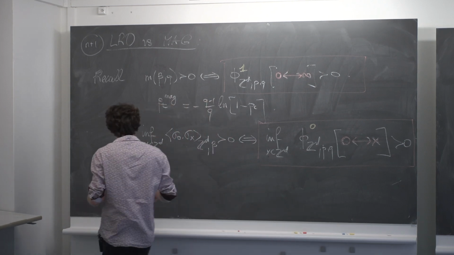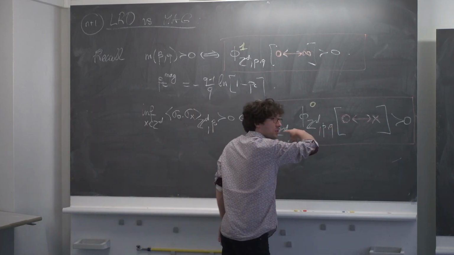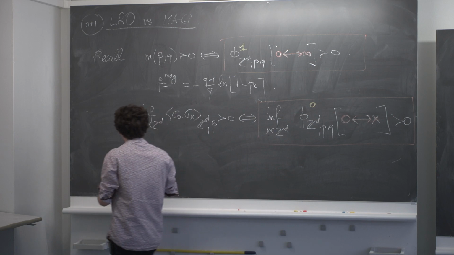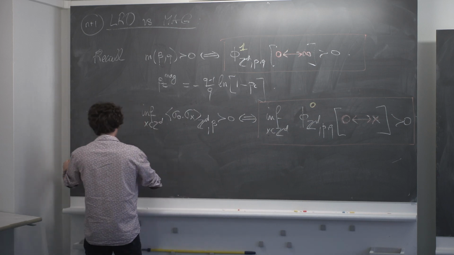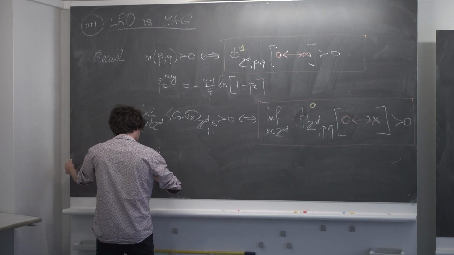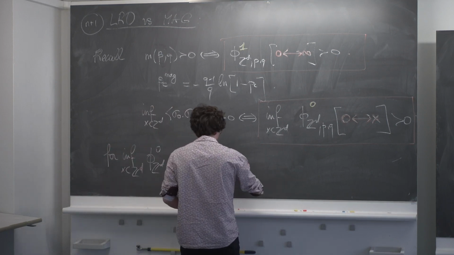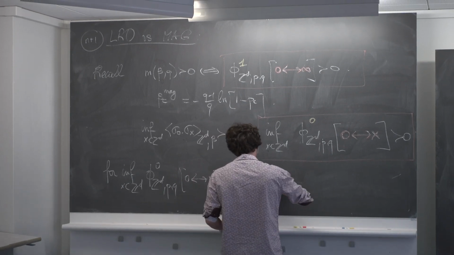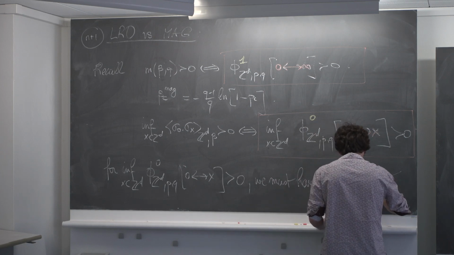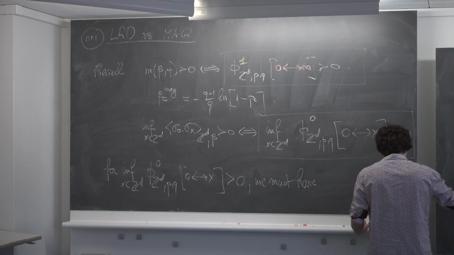So, for instance, it's kind of easy to see that for this infimum over x in ZD of phi 0 ZD PQ of 0 connected to x to be positive, we must have that phi 0 ZD PQ of 0 connected to infinity is strictly positive.